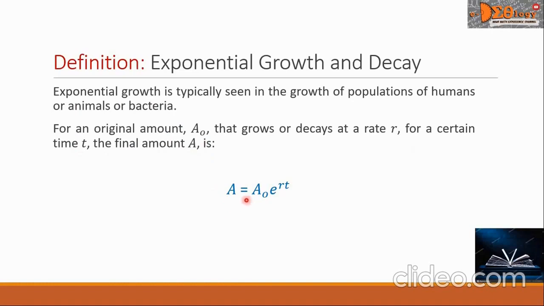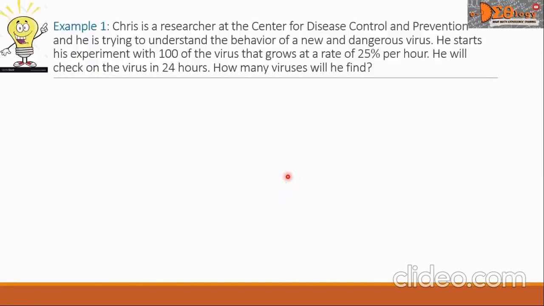Capital A equals capital A sub O times the constant E raised to a power that is a product of R and T. Let us have this example 1. Chris is a researcher at the Center for Disease Control and Prevention, and he is trying to understand the behavior of a new and dangerous virus.